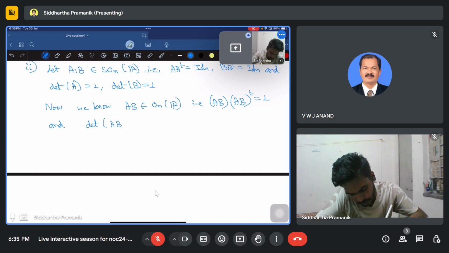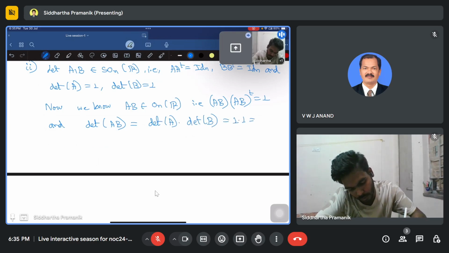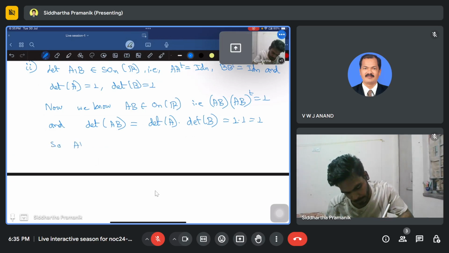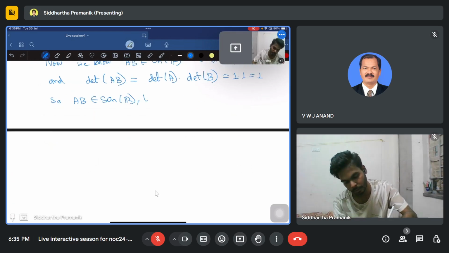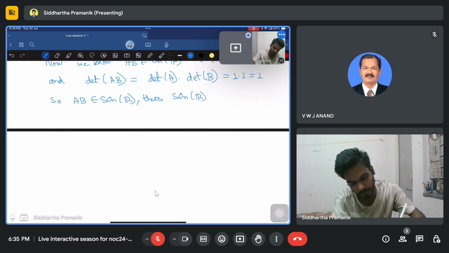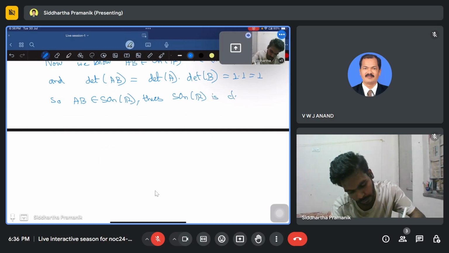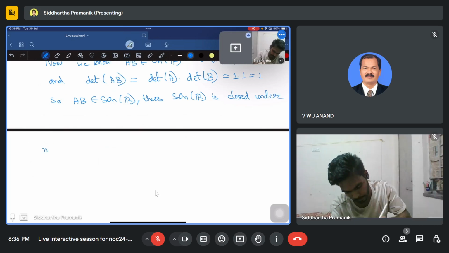Determinant of AB, we know this is multiplicative, so that means this is determinant of A times determinant of B. So this is 1 times 1 equals 1. So clearly it shows that AB belongs to SO(n, R). So that means SO(n, R) is closed under matrix multiplication.